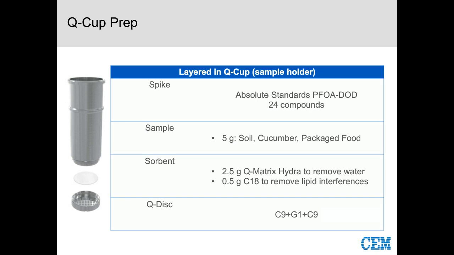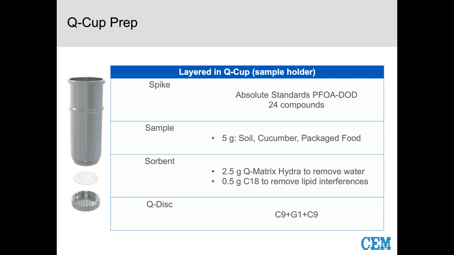So we're going to put 2.5 grams of that Q-Matrix Hydra at the bottom of the Q-cup and then our cucumber sample. That Q-Matrix Hydra is going to absorb the water, so we don't have water in our extract before we go to analysis. For our packaged food samples, those contain some lipid interferences, so we're going to add 0.5 grams of C18 to remove those lipid interferences.